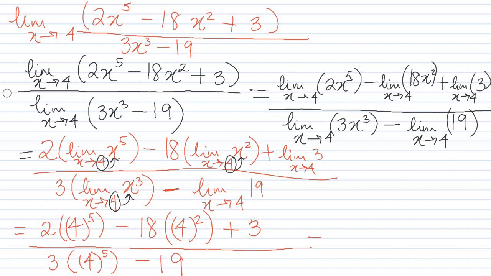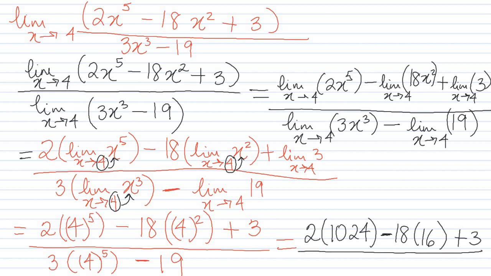So you have 2 times 4 times 4 times 4 times 4 times 4, which is 1024, minus 18 times 4 squared, which is 16, plus 3, all of that divided by 4 times 4 times 4, which is just basically 64.